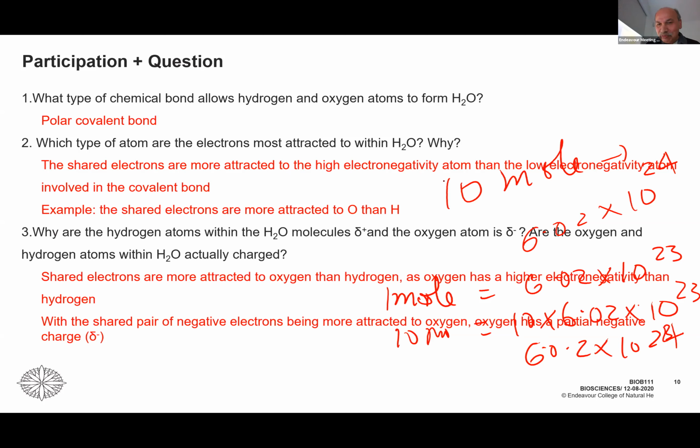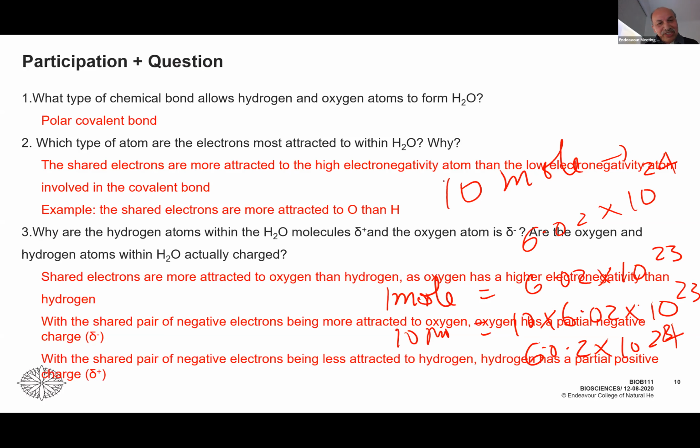With the shared pair of electrons being less attracted to hydrogen, it's going to have a partial positive charge. Is it a true charge? No. It is not a true charge. It is not an ion. Ions are truly charged. These are partially charged.